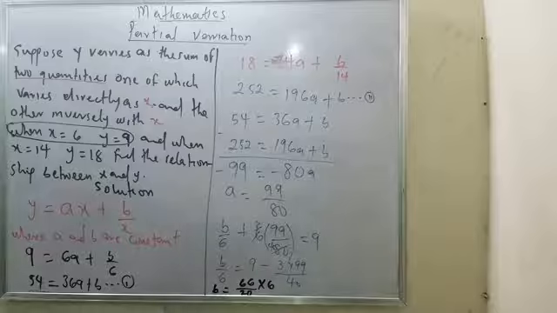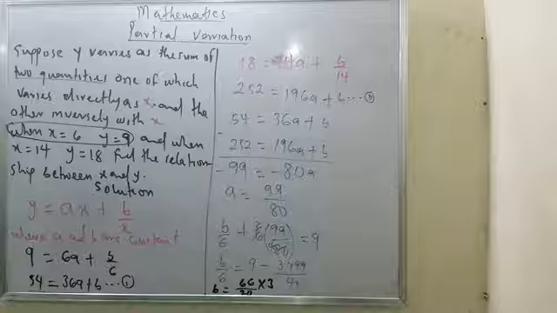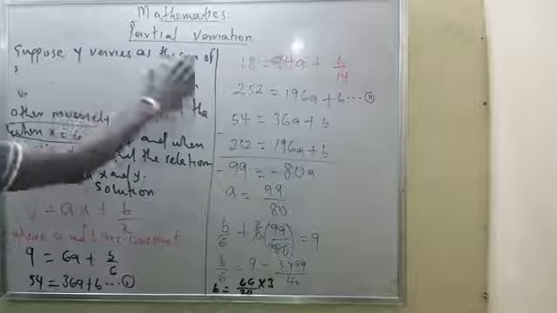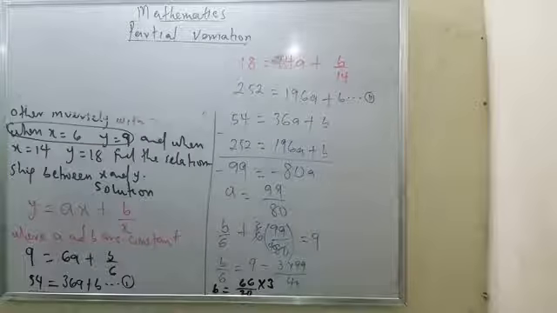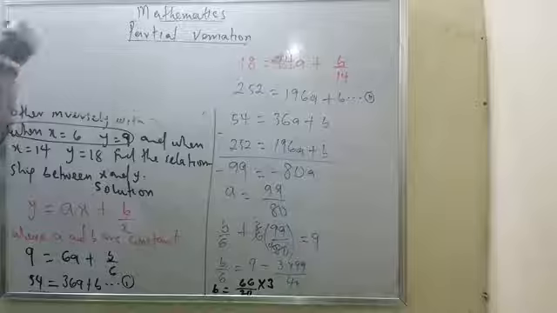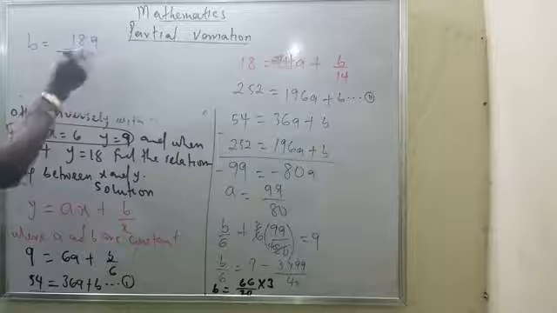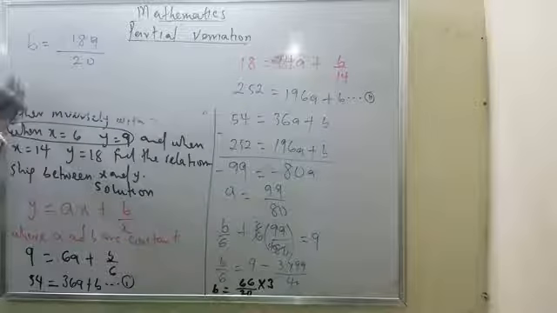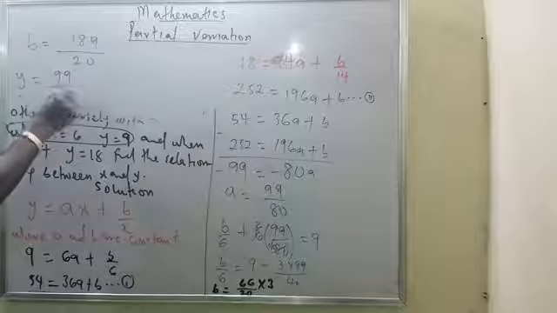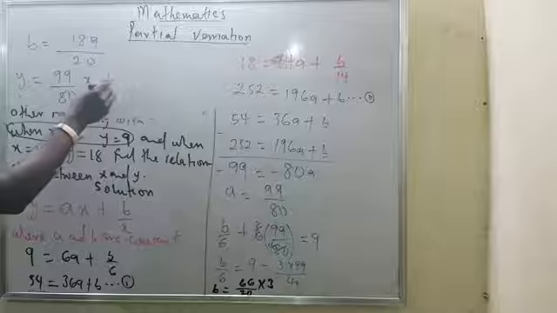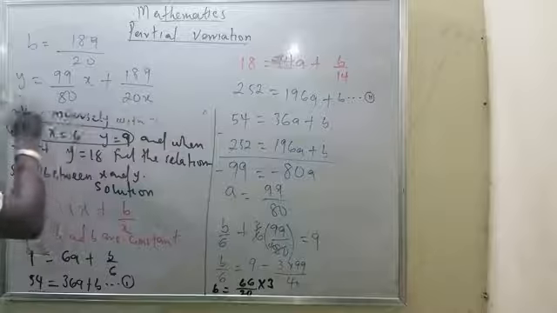I've cut out the 3. Now, you can use your calculator directly. Don't mind me, because calculator is not here, that is why it's a bit hard for me to handle. I'm just trying to use my brain. It will be equal to 189 divided by 20. It means the relationship will be y equals 99 divided by 80 x plus 189 divided by 20x.